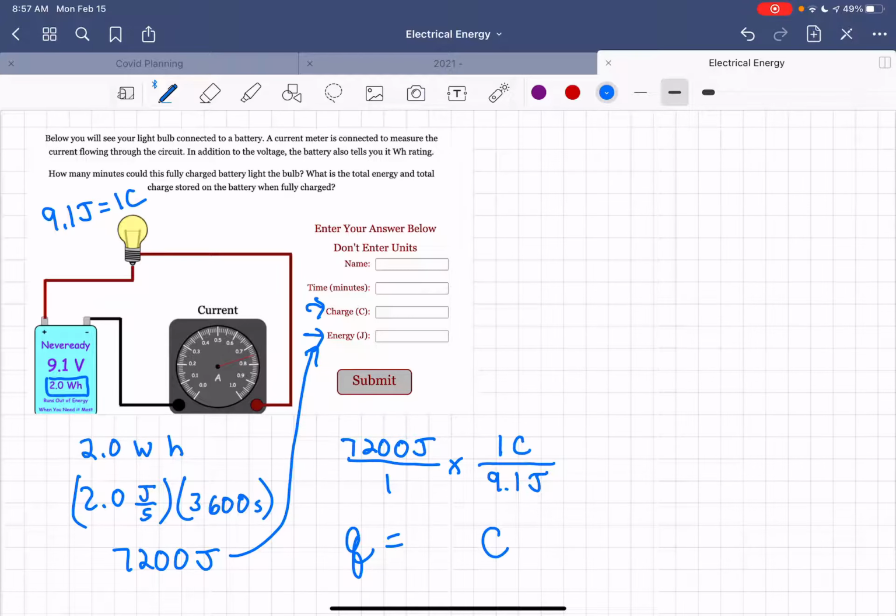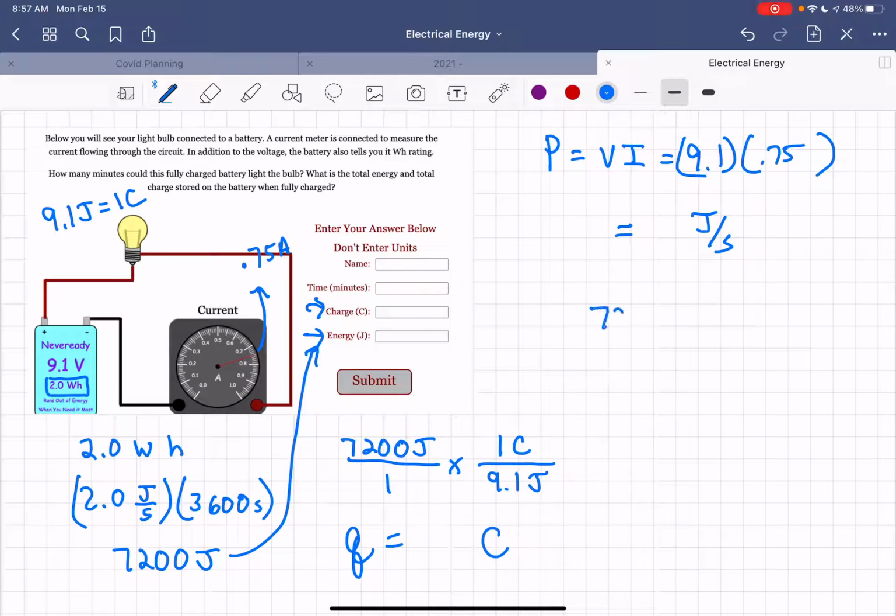To figure out how long the battery will last before dying, you want to find the power. So take your voltage of the battery, take the current, and for me, I read this as about 0.75 amps, and figure out how many joules per second are being used by your battery.